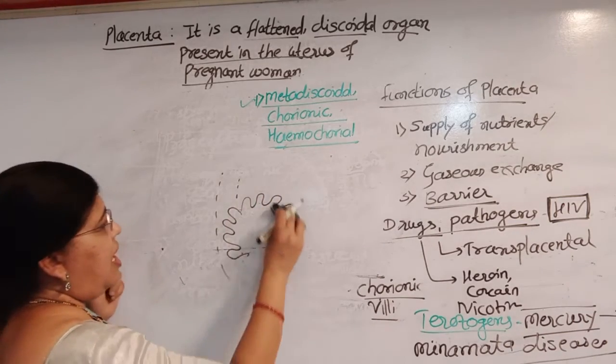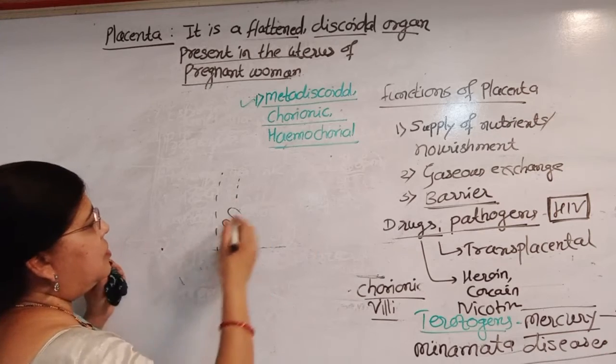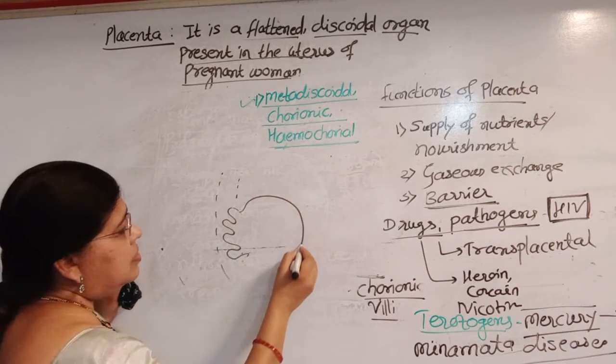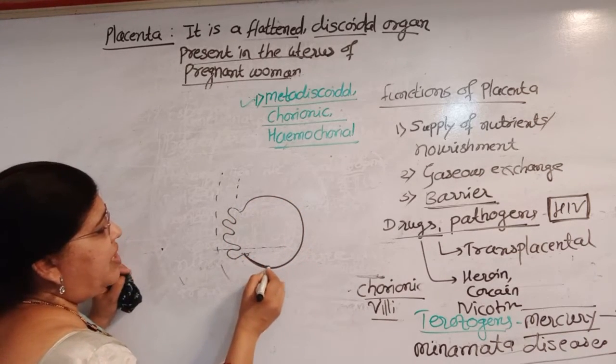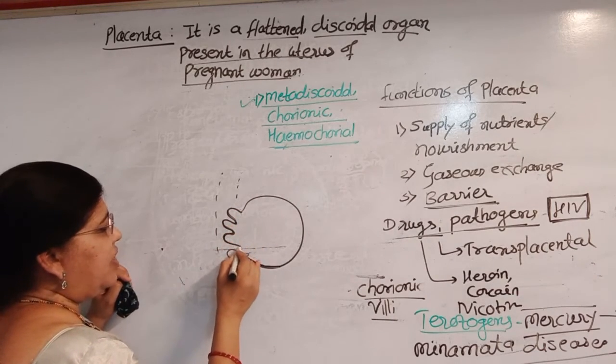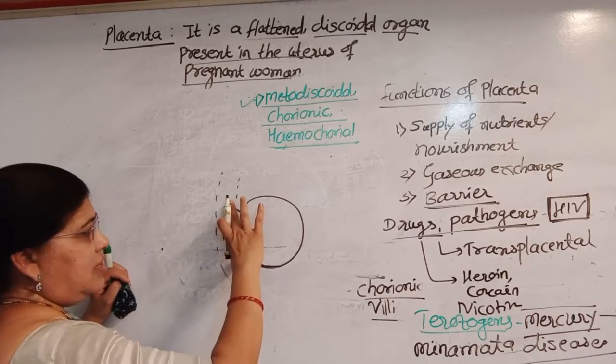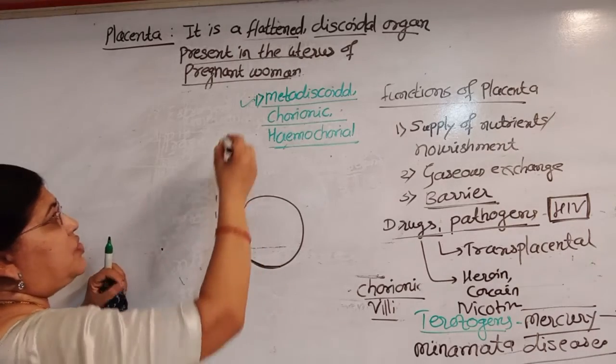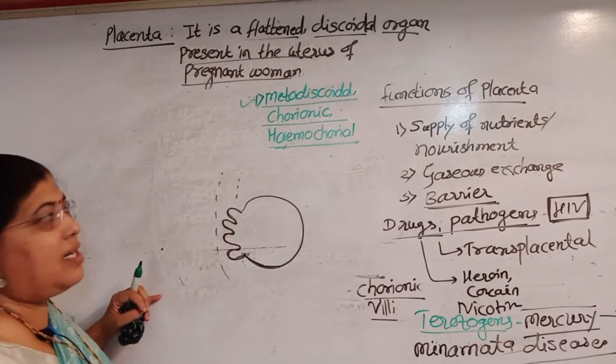But after that, such a structure is formed and these chorionic villi are restricted only to this region. So it is called metadiscoidal.